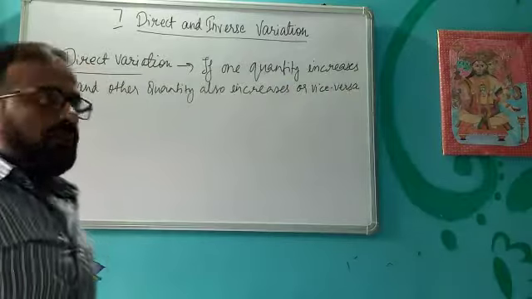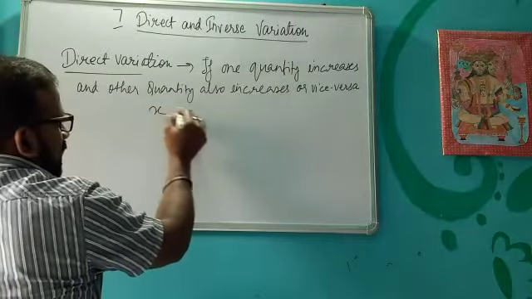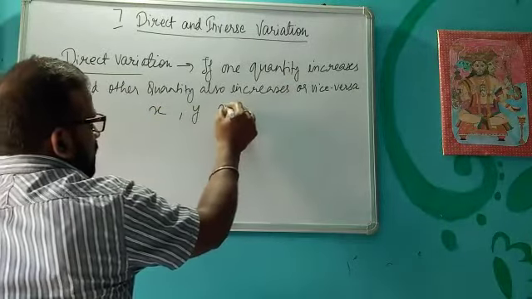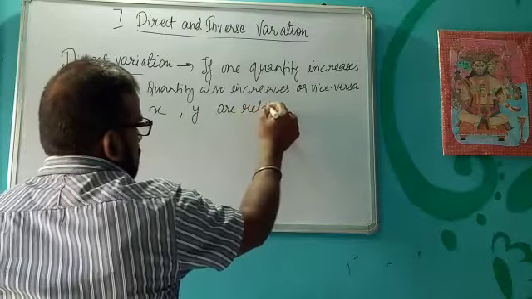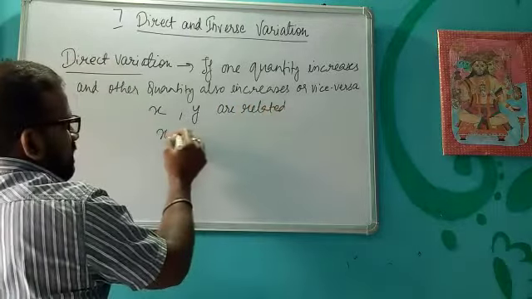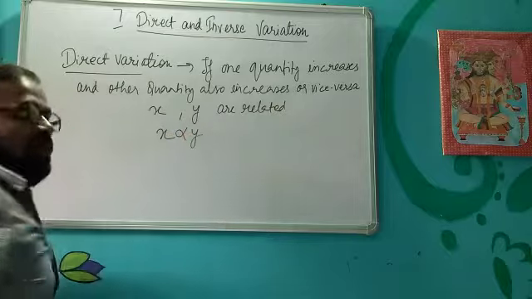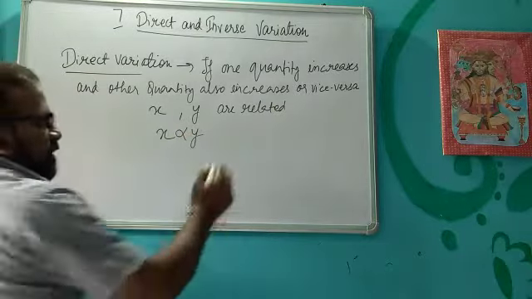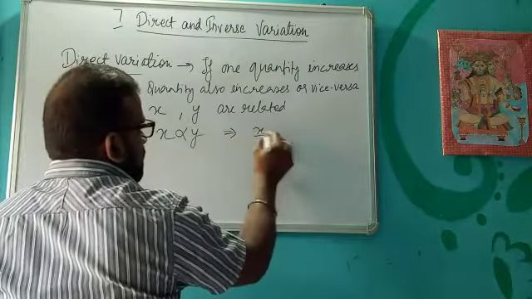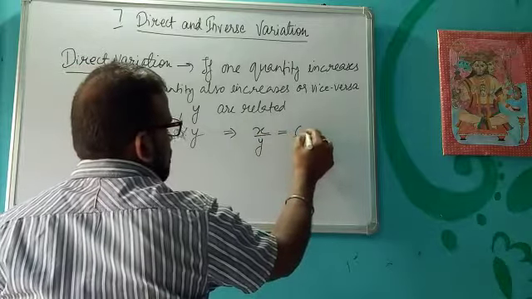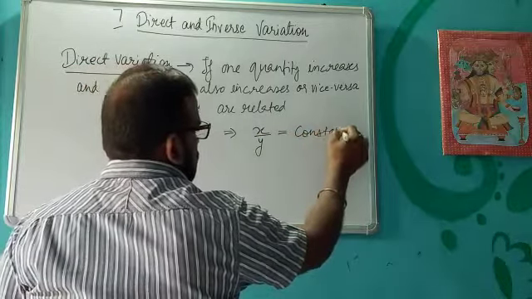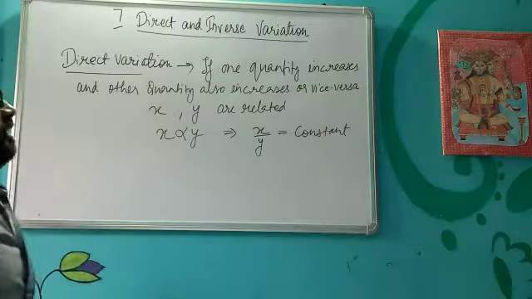That is, suppose x and y are related. If x increases, then y also increases. That means we can say that the ratio of x and y is always constant. So this is known as the direct variation.